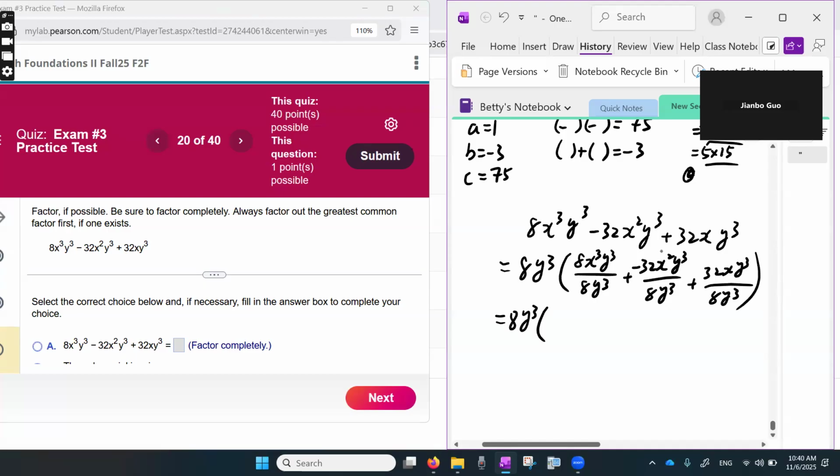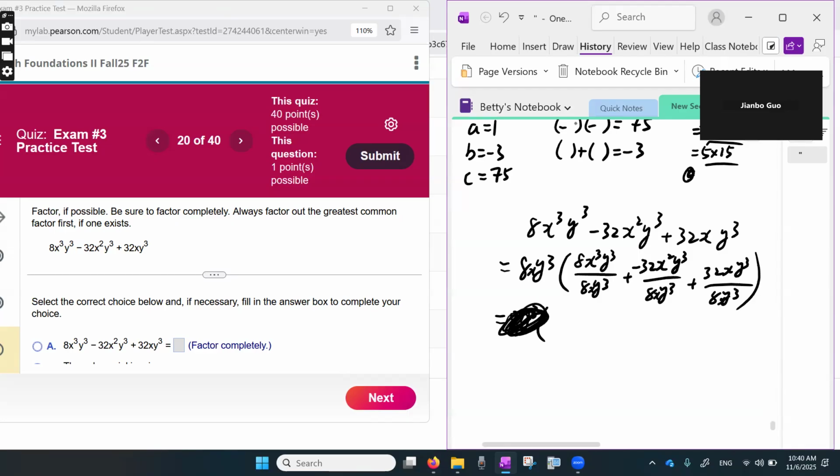Y cubed cancels y cubed. Hold on a second. Oh, my bad. There's x here. X is common. So factor x out as well, because every term has x in it.